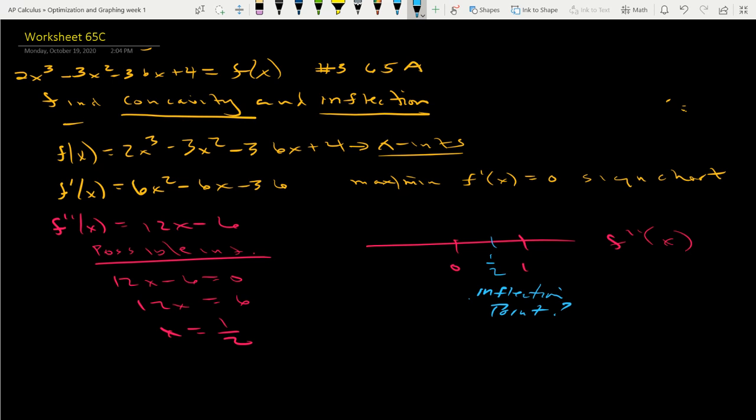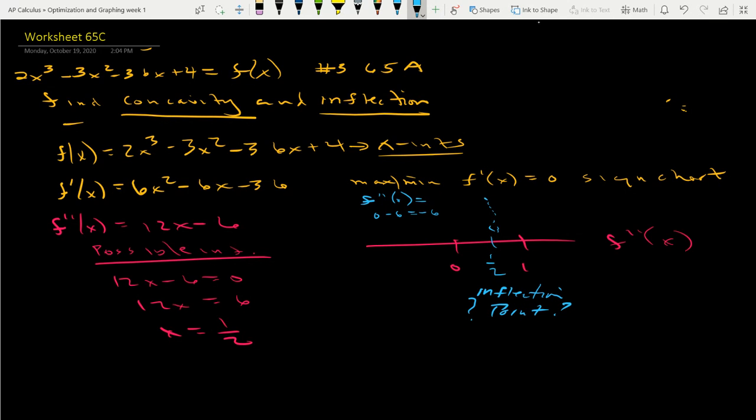The only way we know if it's an inflection point is if it goes from concave down to concave up, or from concave up to concave down. So we have to test on either side of this. I have to do a test of f double prime of 0. I got to do a point on this side, which is going to be 0 minus 6. It's negative 6.